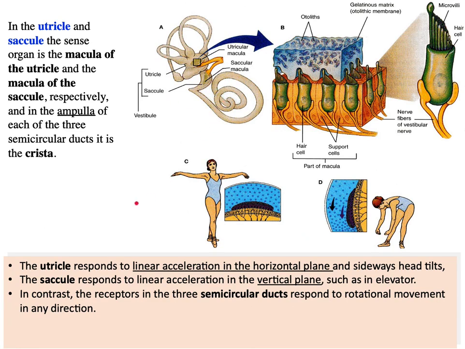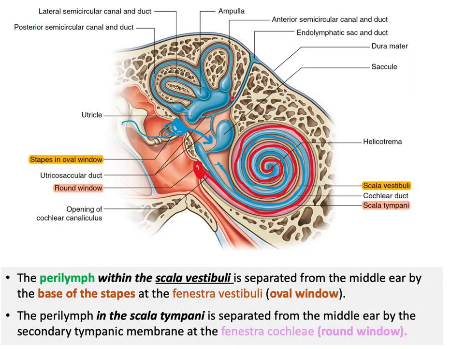So what I want to say is that the utricle and saccule really have a sense organ called the macula. The utricle that you see, let me remind you, is close to the semicircular canal. It's responsible for linear acceleration in the horizontal plane.